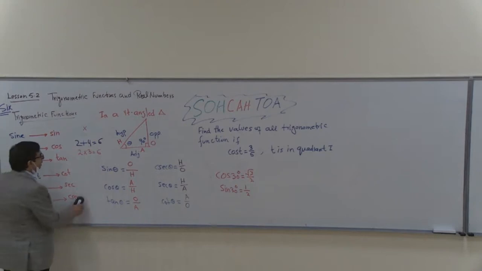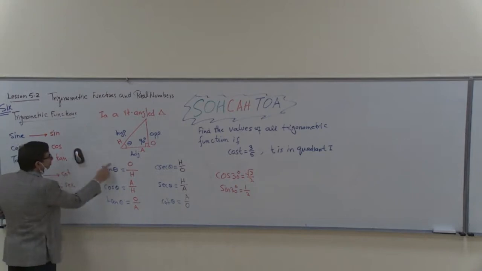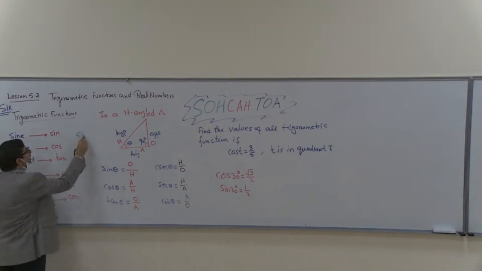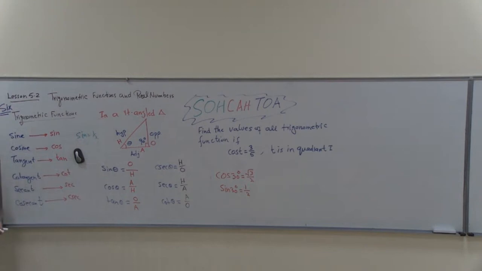Okay? So remember, students most of the time miss the angle and just write sine is equal to 1 over 2, for example. No, it has no sense. Sine, cosine have a nose. Can you breathe without a nose?